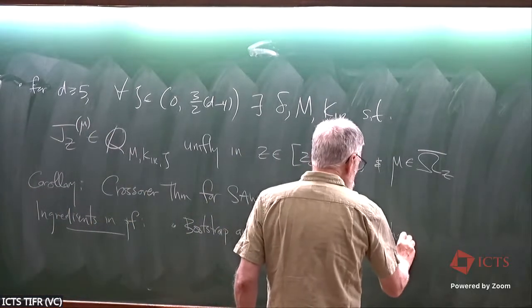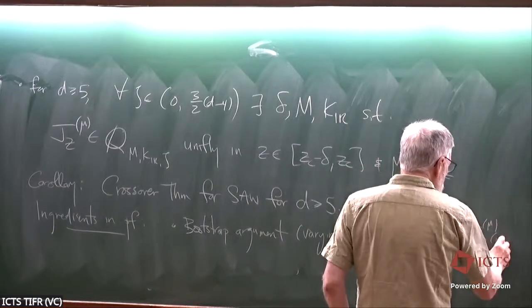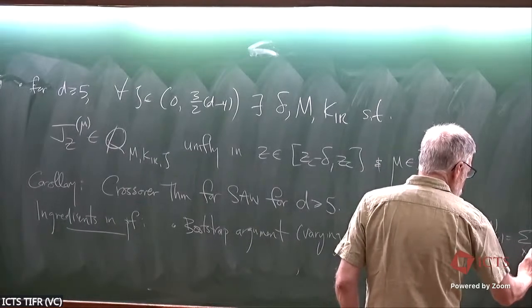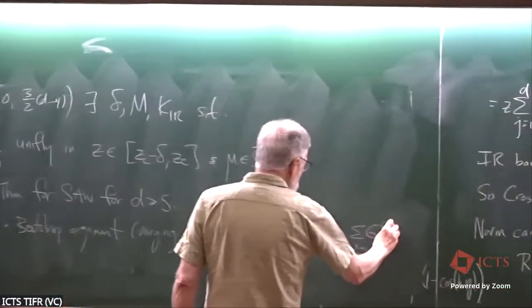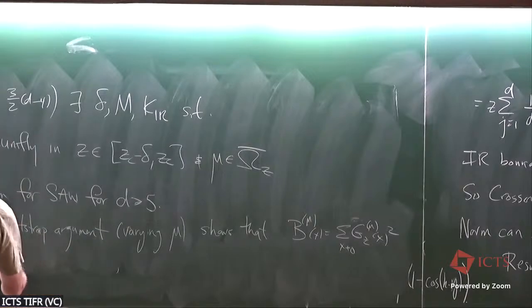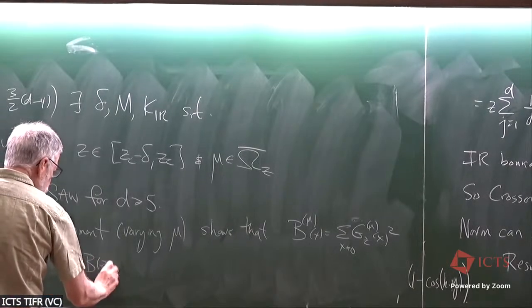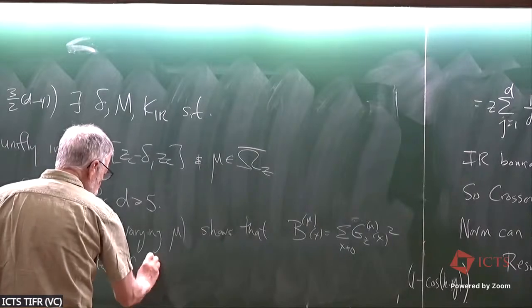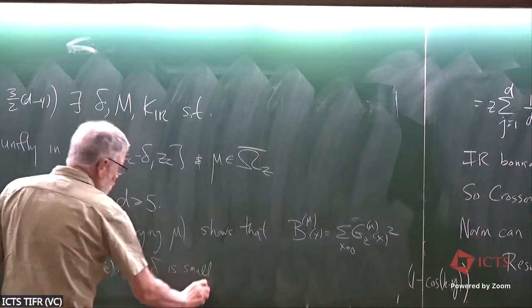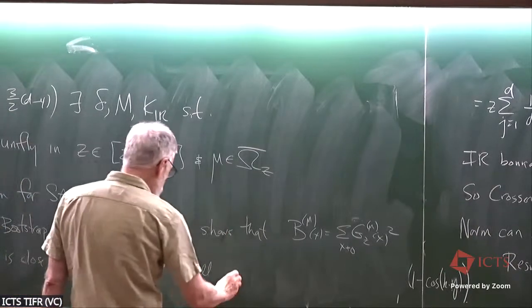So it shows that the tilted bubble, B_mu, which is the sum over x non-zero of G_z,mu of x squared, is close to B of z_c untilted if delta is small. That is, if z is close enough to z_c, in which case the mass is going to be small, so mu is always going to be small, so we're not tilting by much in that case.